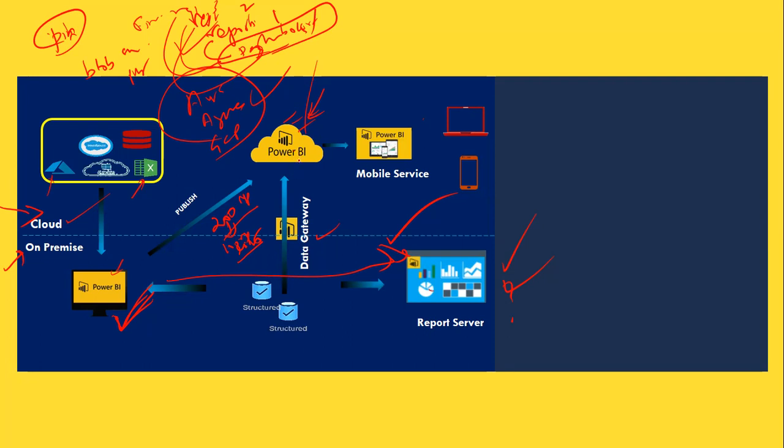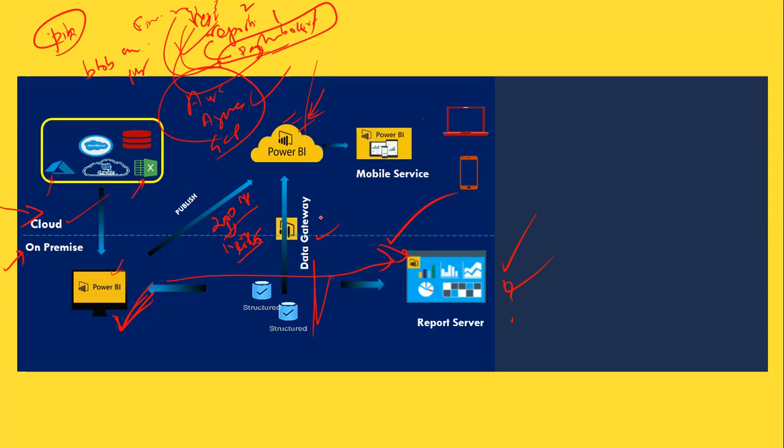So in order to keep your reports up to date, the data gateway plays an important role, using which you can configure incremental data refresh, or even one-time data refresh. You can schedule the data refreshing so that your reports will be up to date.